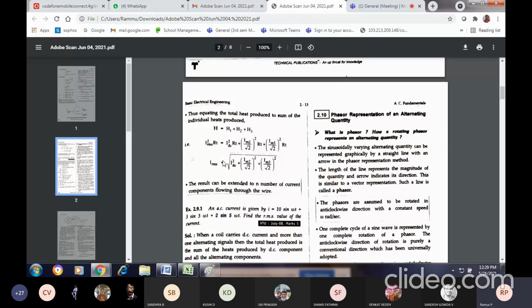If you use this formula, do you have any DC current or DC component in your problem? Instead of DC, we can use IM1 by root 2. No. Don't change any formulas here. Do not change any formula.